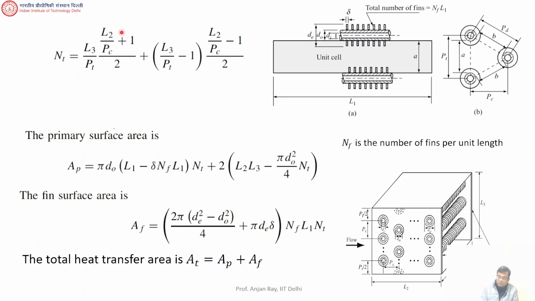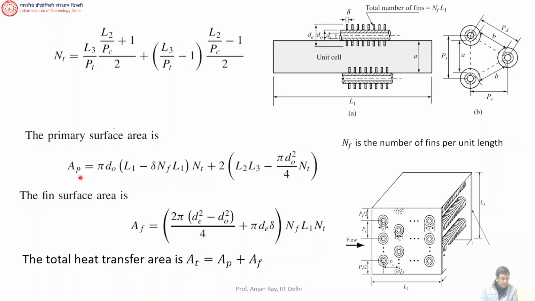Number of tubes which are similar to the first row, including the first row. Right? This is number of tubes in the second row. And this is number of rows which are of the same pattern as the second row. Okay, so this should be all right.